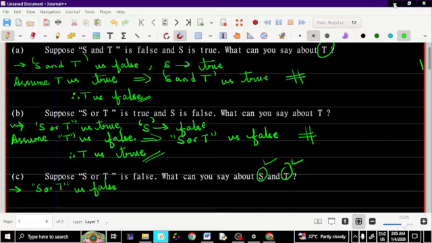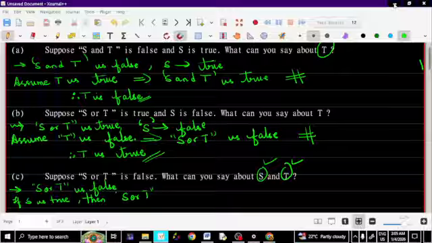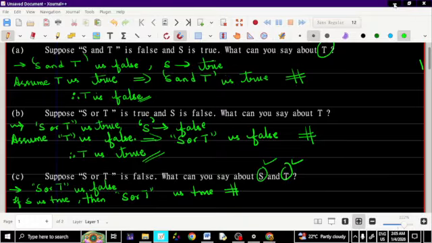But S or T is given to be false, so that will mean that both have to be false, right? So if you assume that S is true, then you can conclude that S or T is true. That's a contradiction. So what does this conclude? S has to be false.